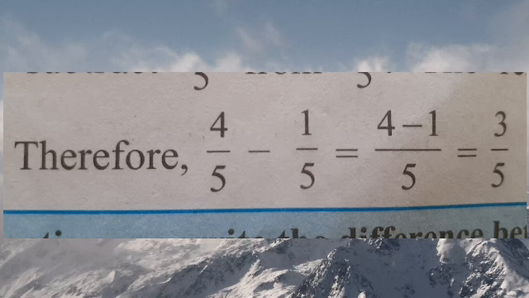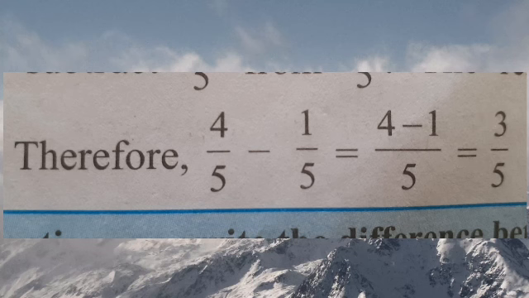4 by 5 and 1 by 5 are like fractions. And when we subtract 1 by 5 from 4 by 5, what do we do? We subtract the numerators and write the denominators as it is. For example, we subtract 4 minus 1 upon 5, that is 3 upon 5.